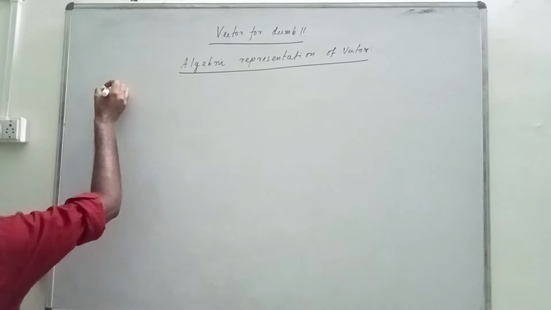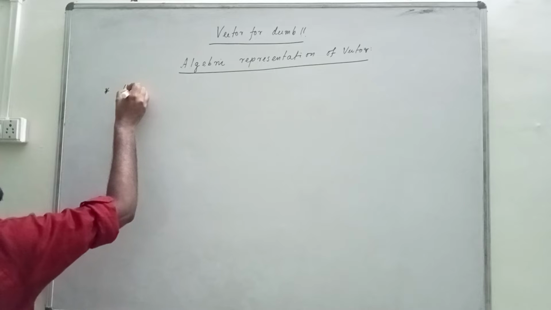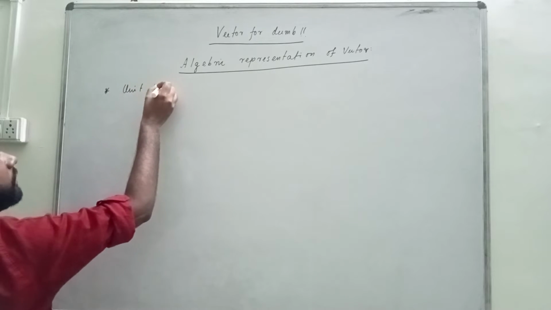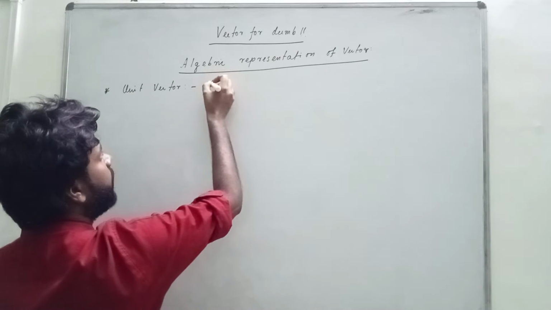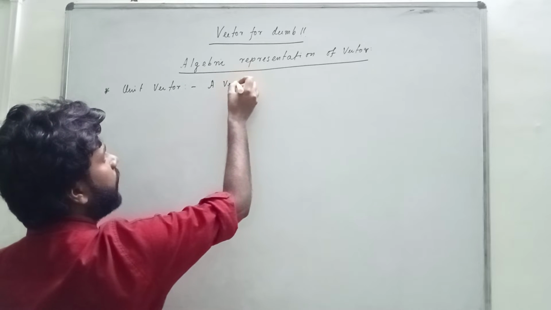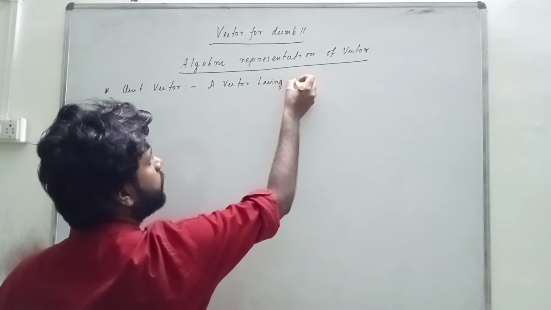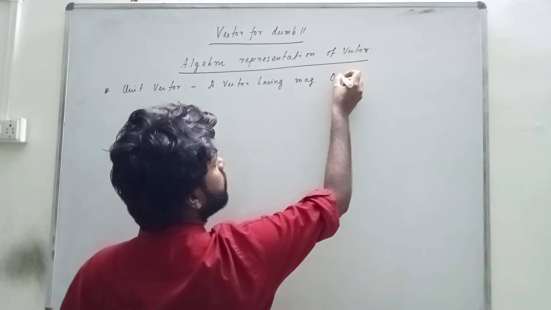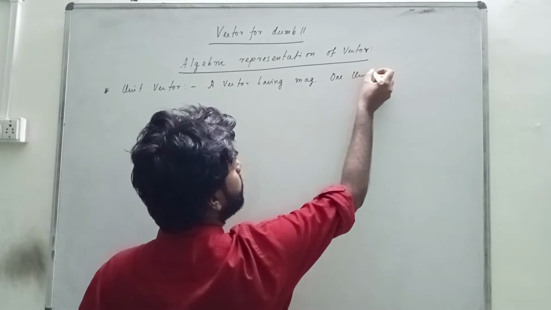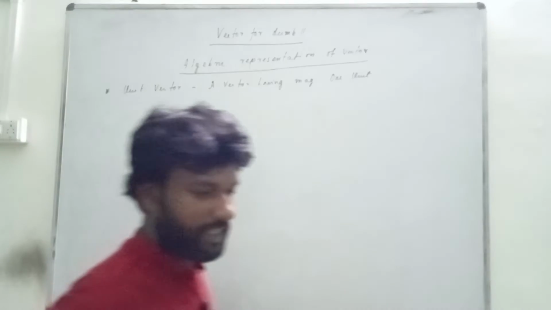Unit vector means, first of all, a vector having magnitude 1 unit. Here are the two types, just taking two for simplicity.